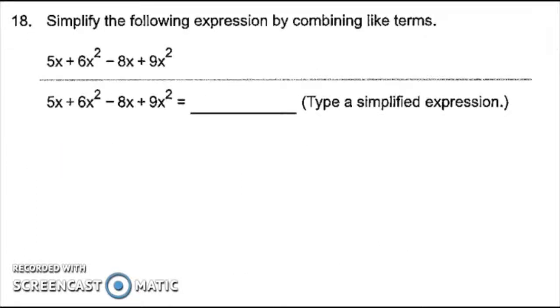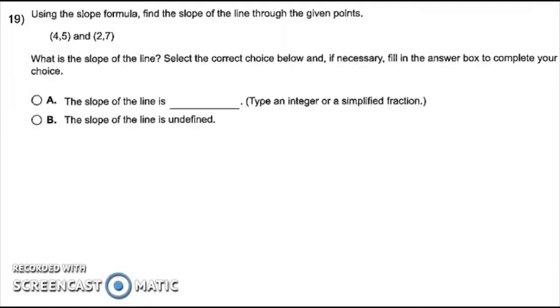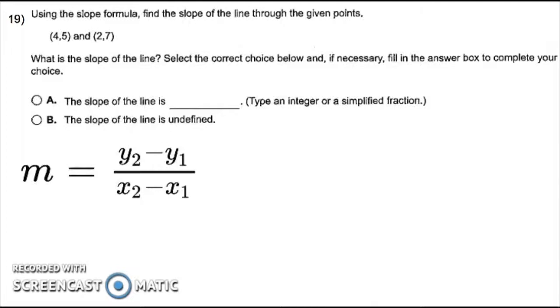Number 18, it says to simplify the following expression by combining like terms. So we do 6x squared plus 9x squared is 15x squared. 5x minus 8x is negative 3x. Number 19, using the slope formula, find the slope of the line through the given points. The slope formula is y2 minus y1 over x2 minus x1.